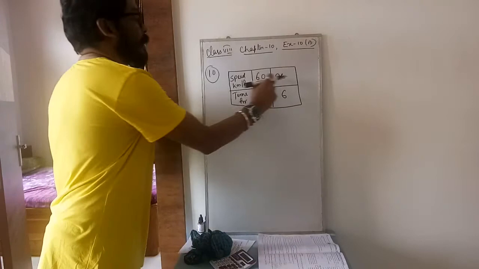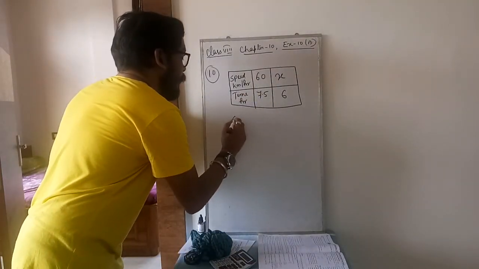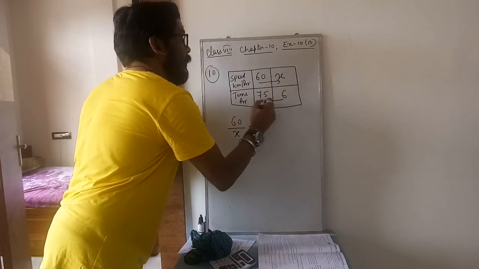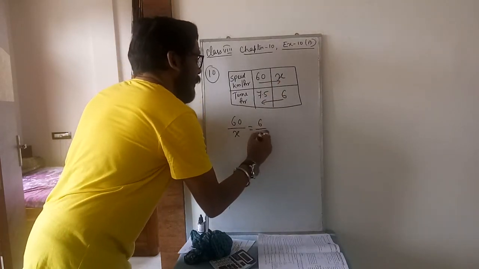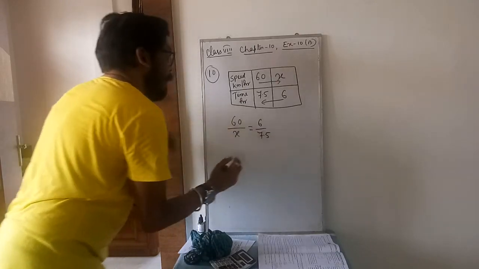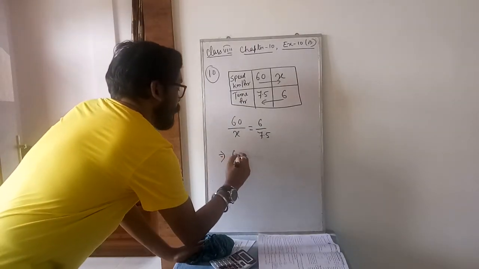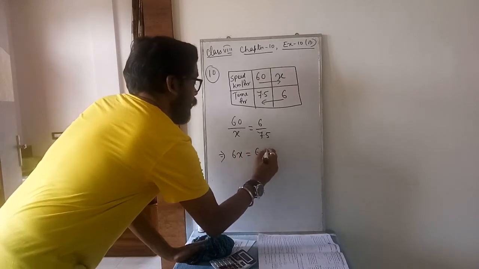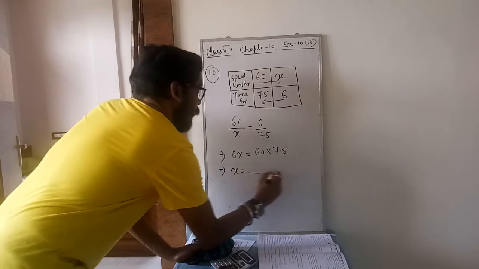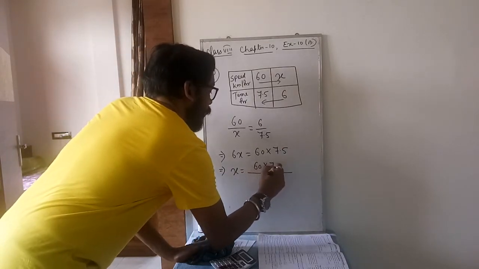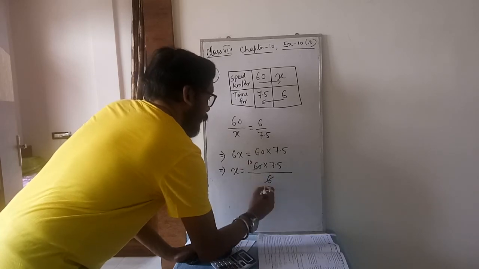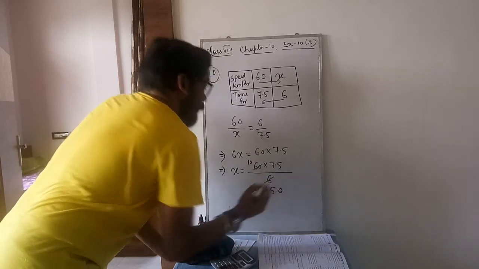So the inverse ratio of the first two: 60 by x equals 6 by 7.5. Cross multiply: 6x equals 60 into 7.5. x equals 60 into 7.5 by 6. So 6 10s are 60, so it is 75.